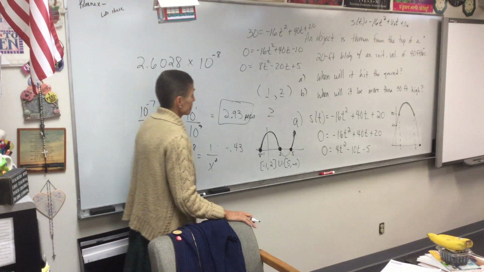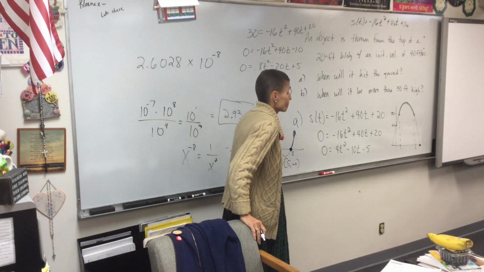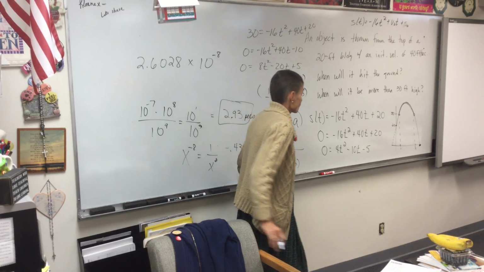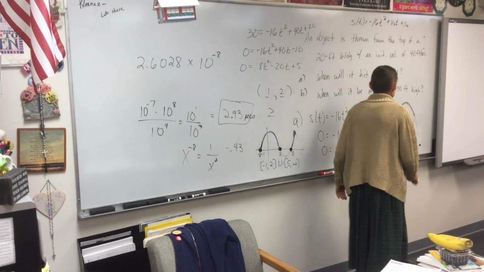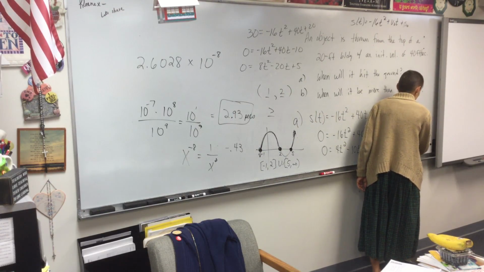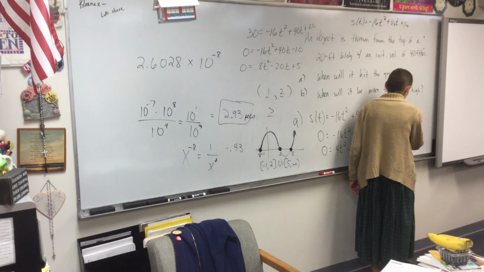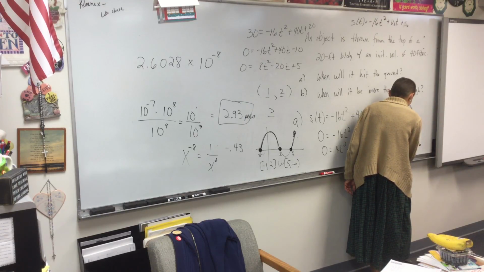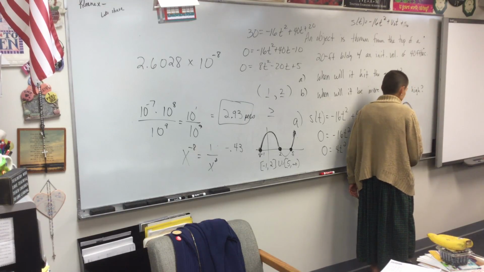Going back to this one over here, if it was when will it be less than 30? Would your answer be to the negative infinity or to? Oh no. To 0. It's a 0. And likewise over here, if we wanted to be less than 30, it would be 0 to that number. So if that's 1, it would be 0 to 1. That's when it's less than.